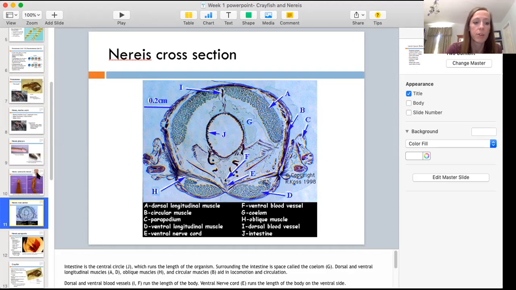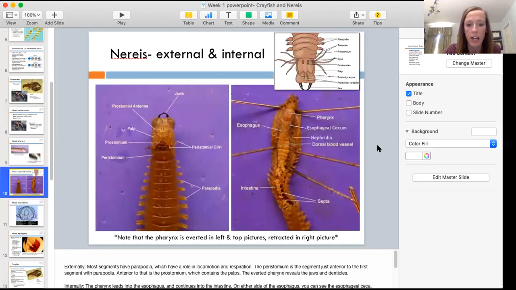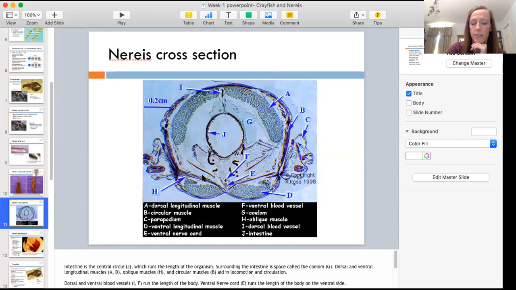So if you were to take your Nereis and cut it this way, sort of left to right, cross section, and then turn it and look at the cut section, right? Look at the surface that you just cut. It would look something like this, where you would see this is the dorsal side and this is the ventral side. You would see that there's, first of all, an intestine in the very middle, right?